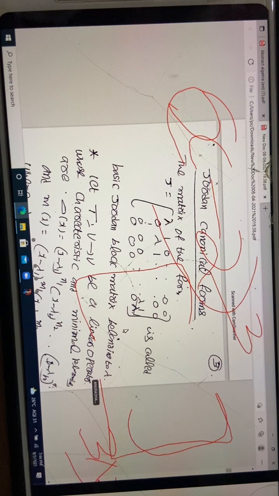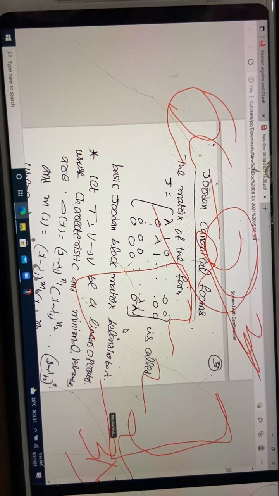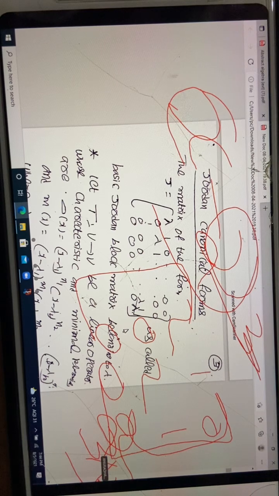Take 2 3 times: 2, 2, 2. Above, all ones. This is the Jordan block. Diagonally, the eigenvalue. Above the diagonal, ones. Remaining all zeros.